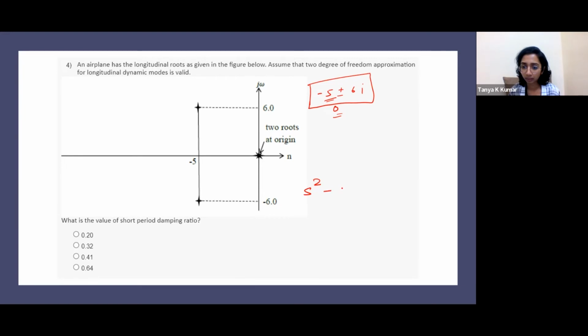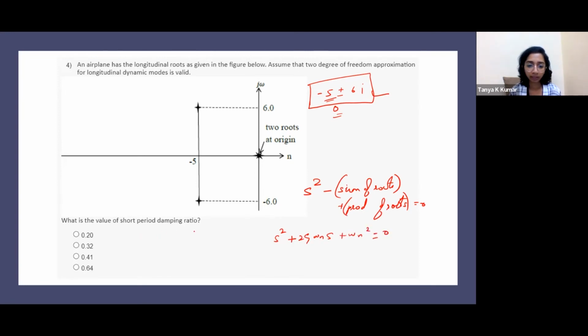When you take the sum of roots times s plus product of roots equal to 0, the roots in this case are these 2. So when you solve it, just as we have done in the previous question, equate it to s squared plus 2 eta omega n s plus omega n square equal to 0.